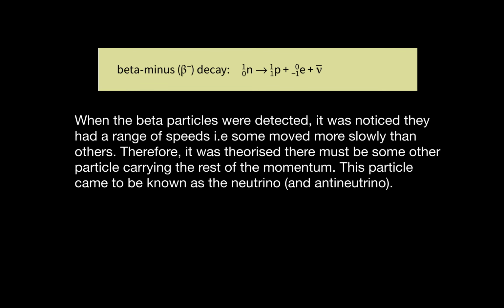So the fact that all of them were not the same speed means that some of the momentum they had was being lost or being absorbed by another particle. Therefore, it was theorized that there is some other particle that is carrying the rest of the momentum, which is slowing the other beta particles. This particle came to be known as the neutrino and the antineutrino, which were discovered in 1956.